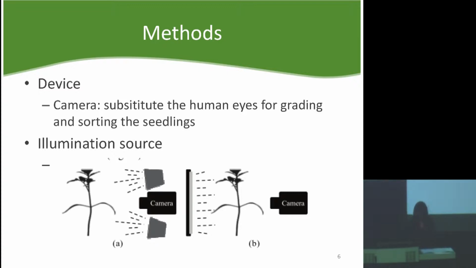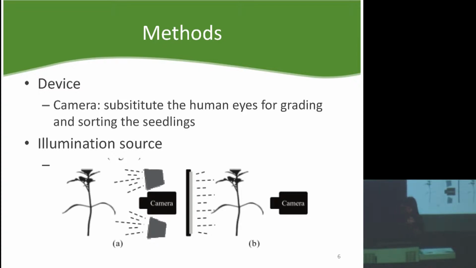In this machine vision system, there are two major categories of artificial lighting source. One, figure A, is lighting the object from its front side, which means from the camera side, so that the required images are visualized to the camera.